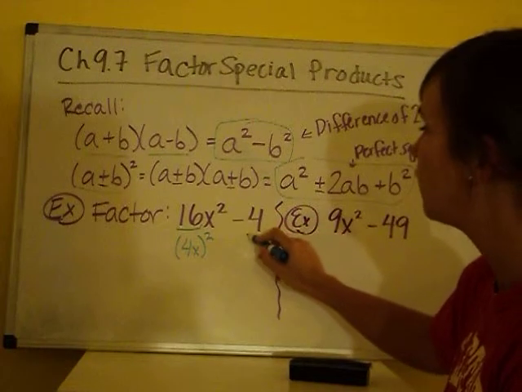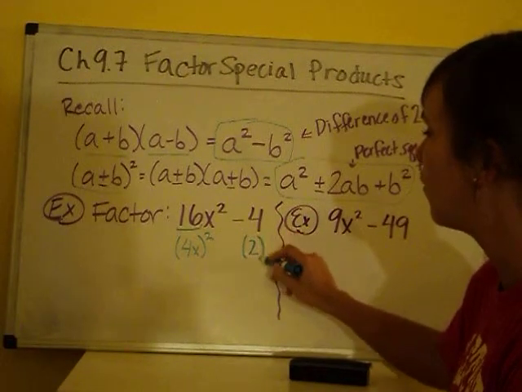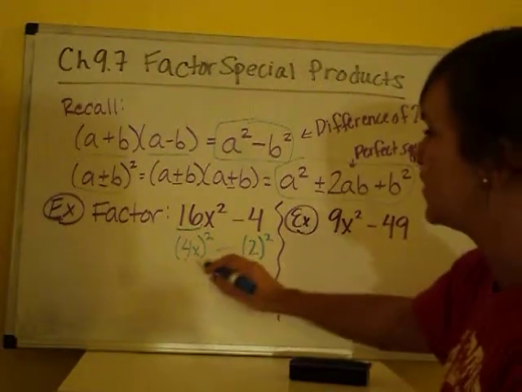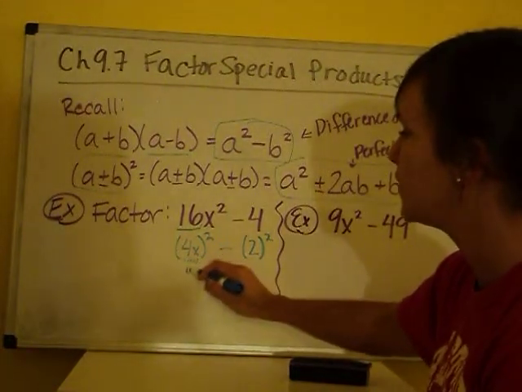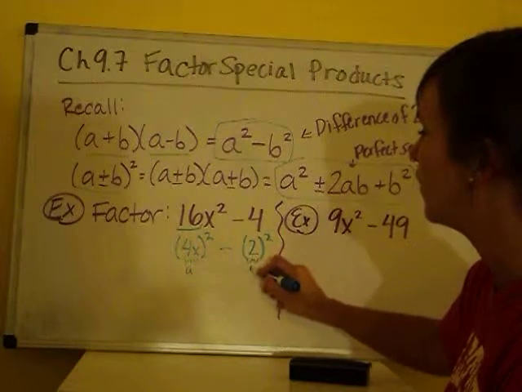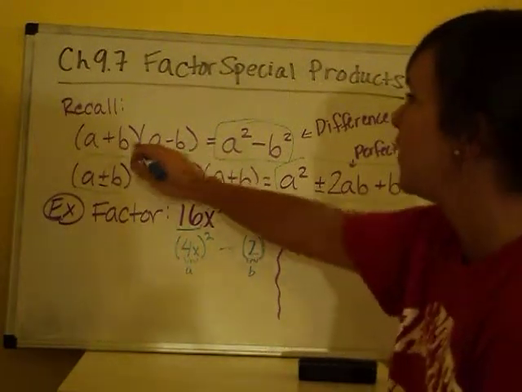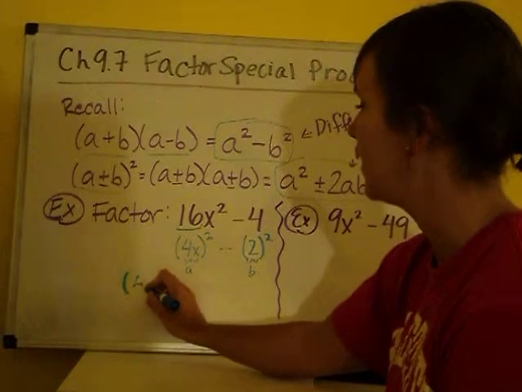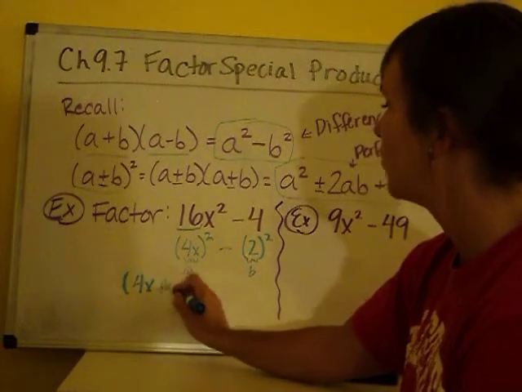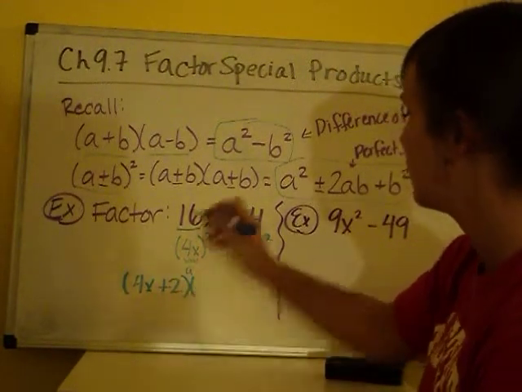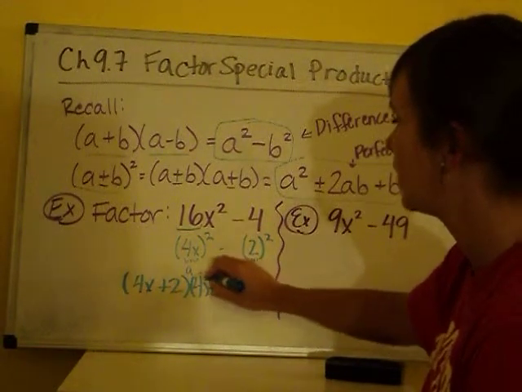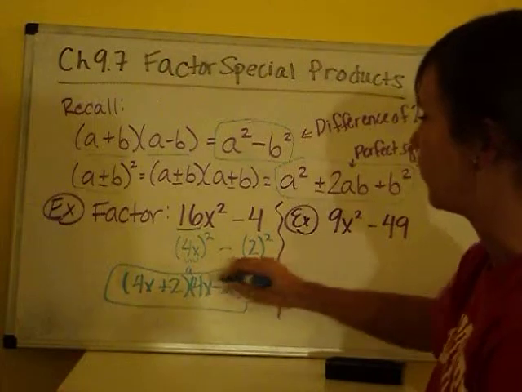Okay, and then here with 4, I know that 4 is actually 2 squared. Okay, so this 4x becomes my a, and this 2 becomes my b. So now I can just use this formula, and I know that the factored form of this is going to be my a, which is 4x, plus 2, and then I have 4x minus 2. And that is my factored form.